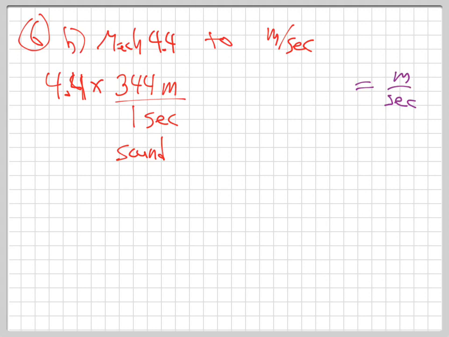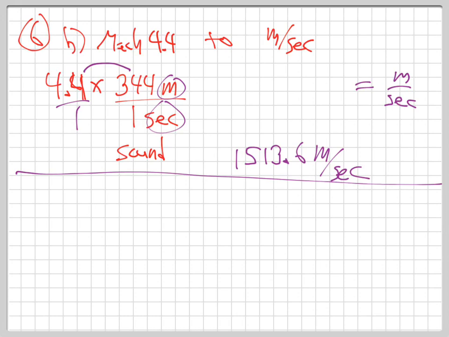Well, this is super convenient because we're already in those units. It's already meters per second, so we don't have to convert any units. Just multiply 4.4 times 344, and I'm getting 1513.6, and it's already in meters per second. And so we're done with part B that easily.